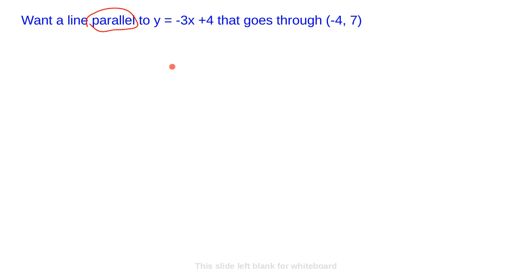Parallel lines have what? Like the same times table? I don't know the way to say it. That's one way to put it. The same slope. So the parallel lines have the same slope.